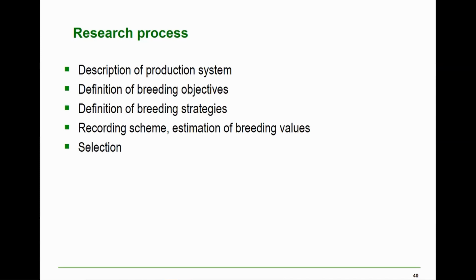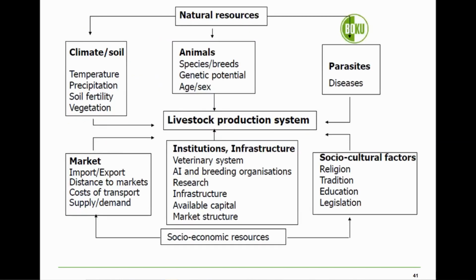When we arrive at the selection, we have the animals that are the best from the current generation, and these animals are used as the parents of the next generation. And then we go again with the recording of the production, and again a next selection step.